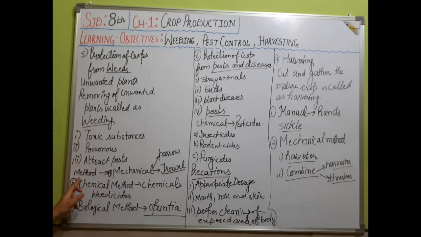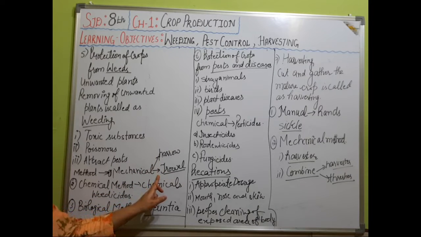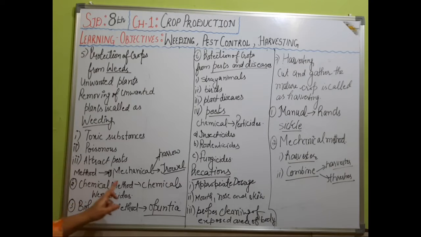Also, what are the methods for weeding? We can use the mechanical method, in which we use a harrow and trowel as simple implements. We can go for the chemical method, in which we use chemicals called weedicides, and in the biological method we can use a number of small organisms like insects to eat up the weeds.